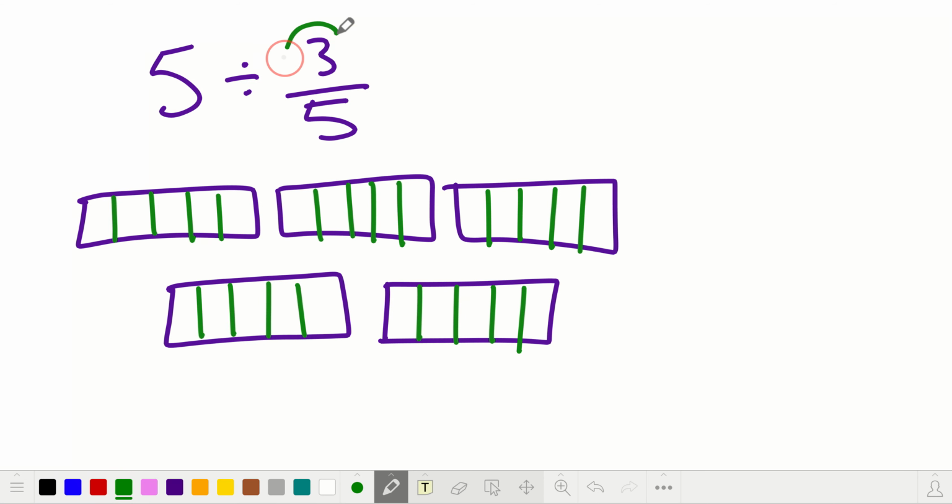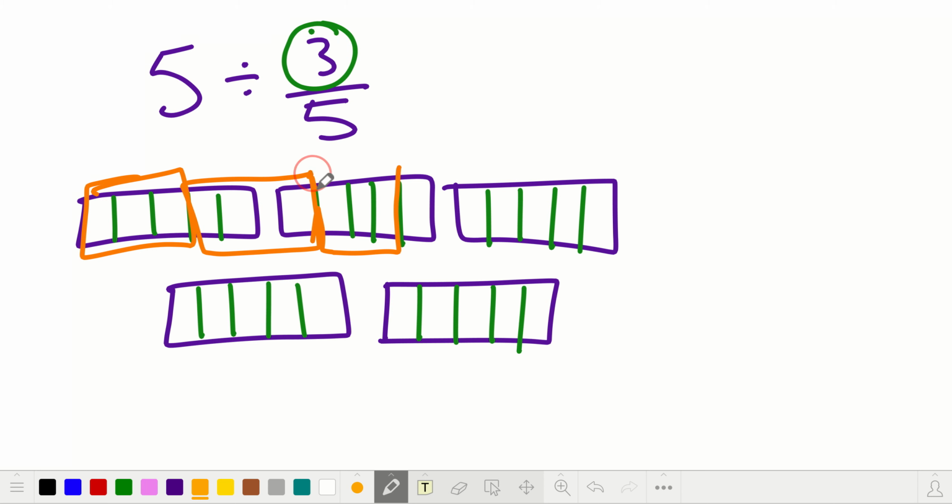Now we're looking for groups of 3/5. So for every 3/5, I'm going to go ahead and circle it. So 1, 2, 3, 3/5. There's my first group. 1, 2, 3. There's my second group. There's my third group. There's my fourth group.